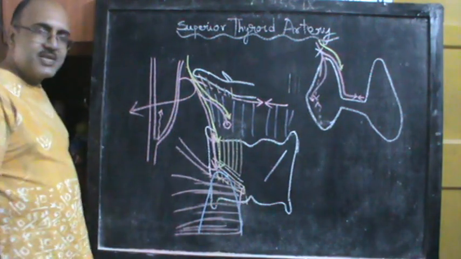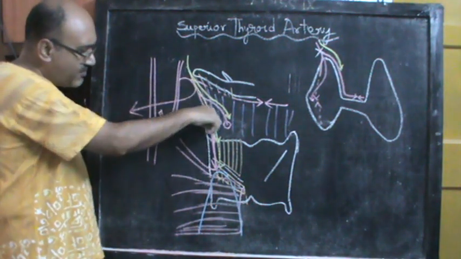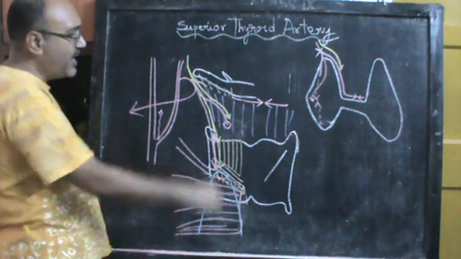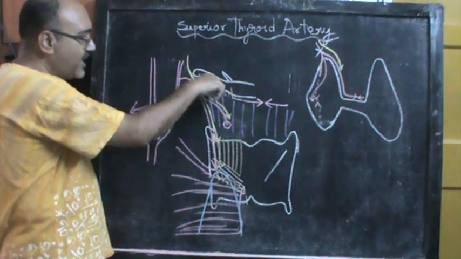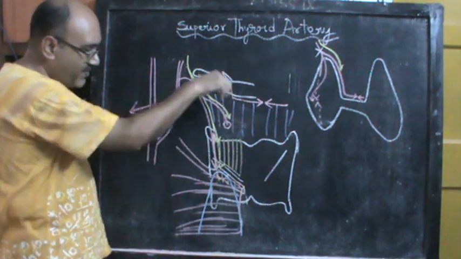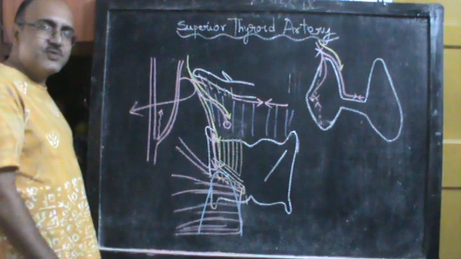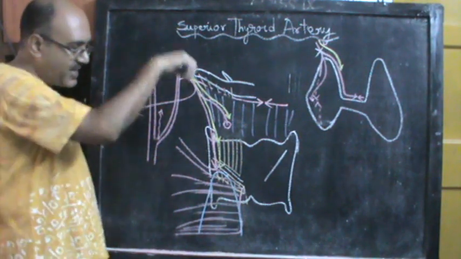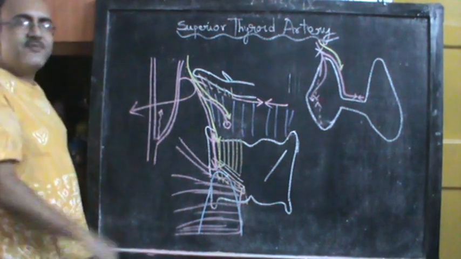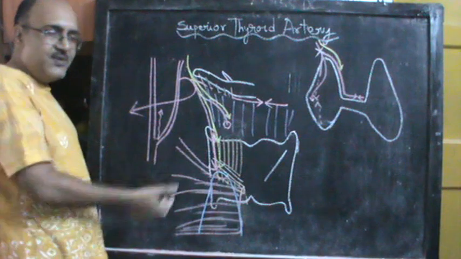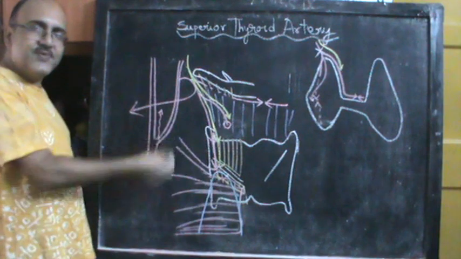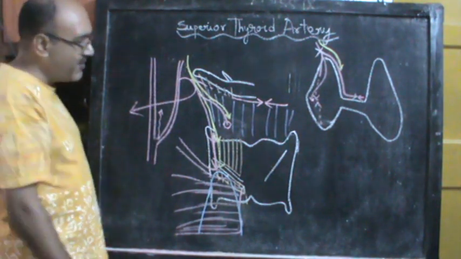Now this external laryngeal nerve accompanies the trunk of the superior thyroid artery right up to the apex of the thyroid gland, and the internal laryngeal nerve accompanies the superior laryngeal artery, pierces the thyrohyoid membrane and goes underneath the mucosa to supply the larynx, and it goes right up to the vocal cords, and beyond the vocal cords it anastomoses with the inferior laryngeal branch coming out of the inferior thyroid artery. So this superior laryngeal branch anastomoses with the inferior laryngeal branch of the inferior thyroid artery.